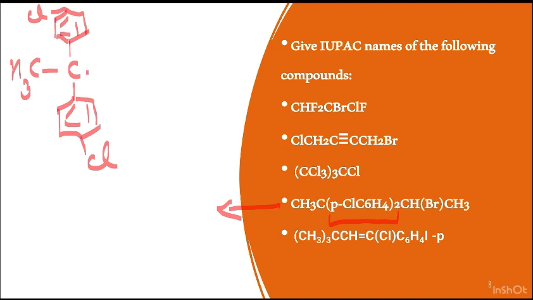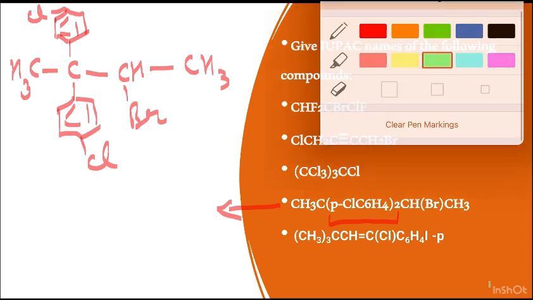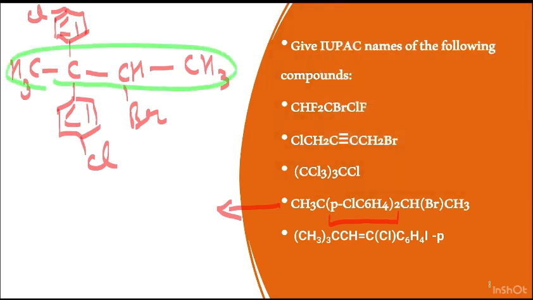Then you have CHBr, and then CH3. The main compound has 1, 2, 3, 4 carbons, so it is butane, the parent compound. On second carbon, you have this group twice. On third carbon, you have Br.